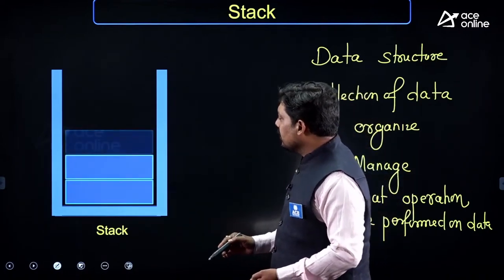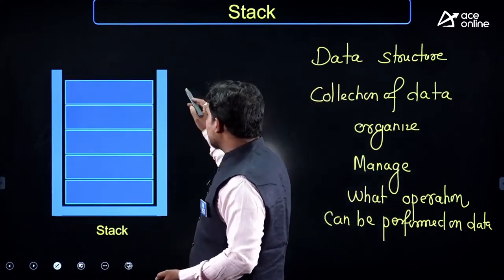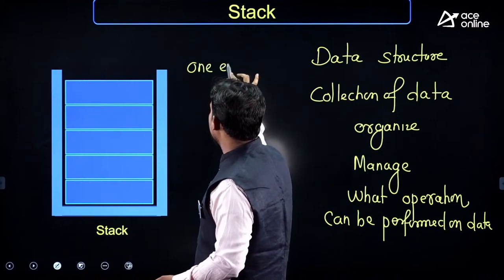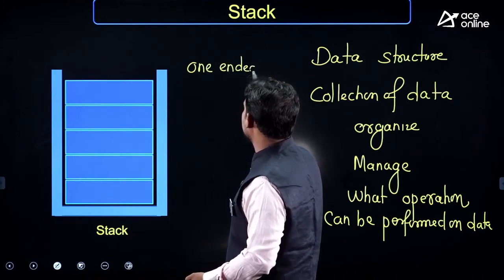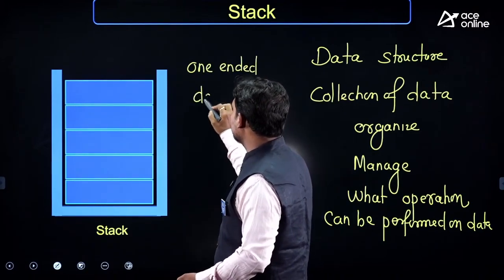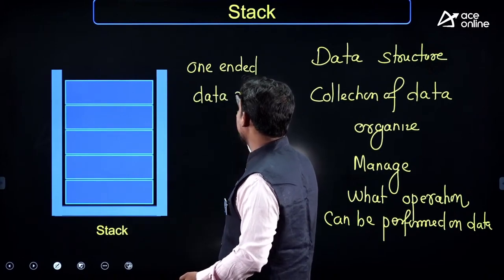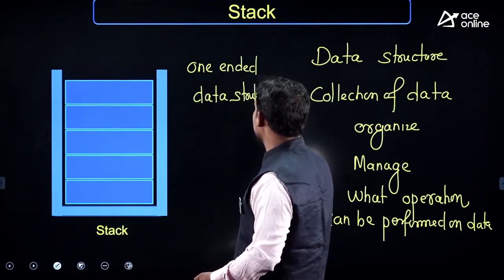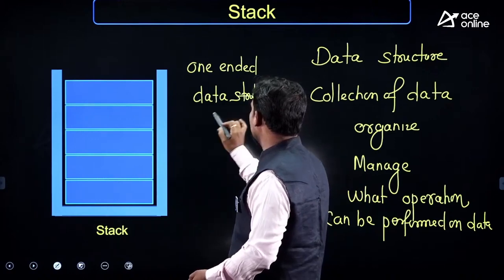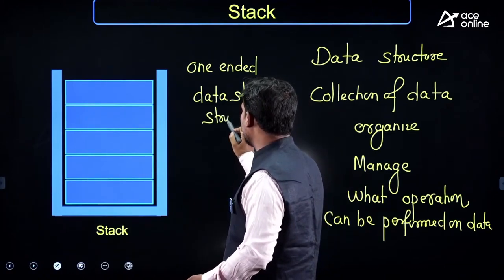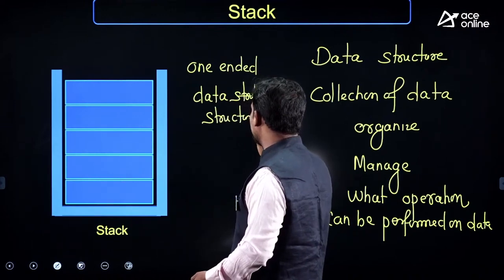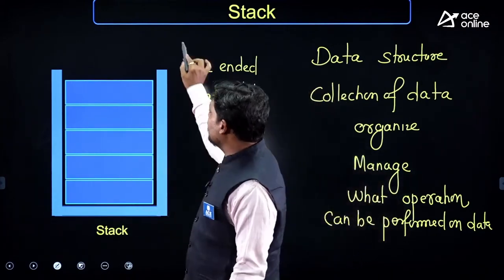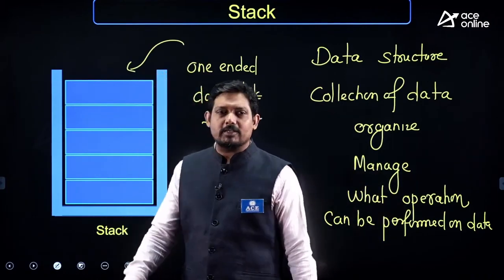Now the stack is a one-ended data structure. That means at every instance one end is blocked, and the operations can be performed only on the single end.